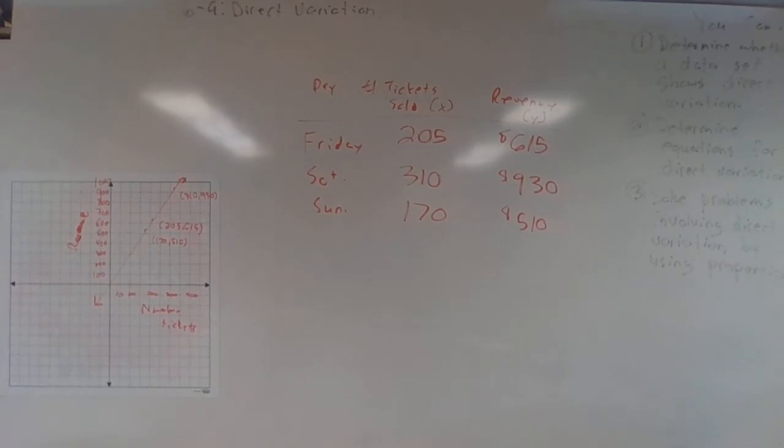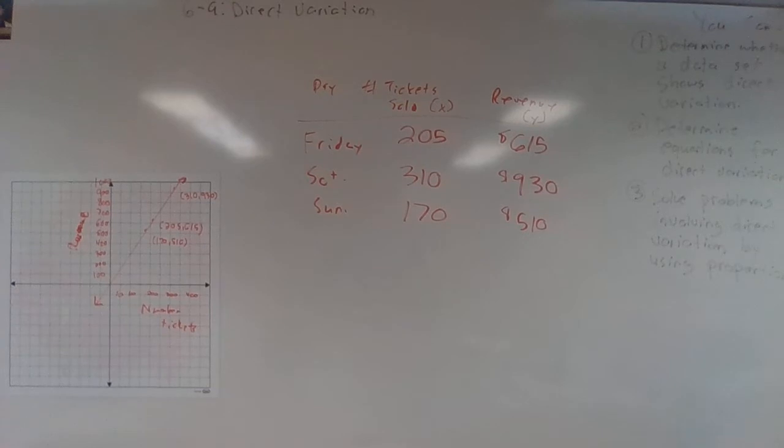The other criteria that has to be met for it to be both direct variation and a linear function is it must pass through the origin point, 0, 0. 0, 0 has to be a coordinate on the graph.